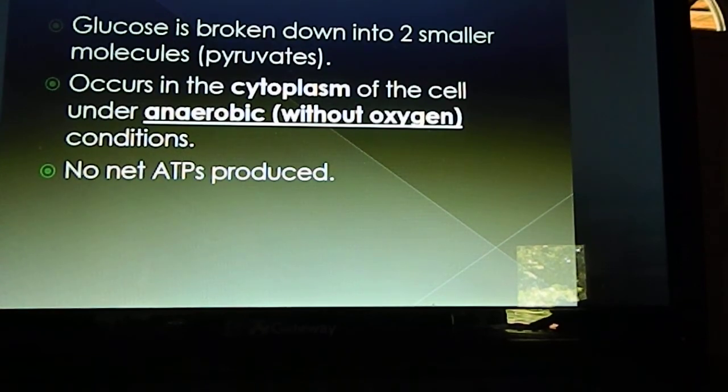Glycolysis occurs in the cytoplasm of the cell, and that area is anaerobic. All right. Anaerobic means without oxygen.